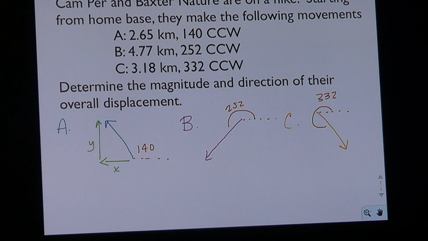And if you see where this triangle is forming, the 140 is going to help us figure out the angle that we need, but it's not the angle that we need. So we need to figure out what this angle is right here, which would be what? 40 degrees. Good.